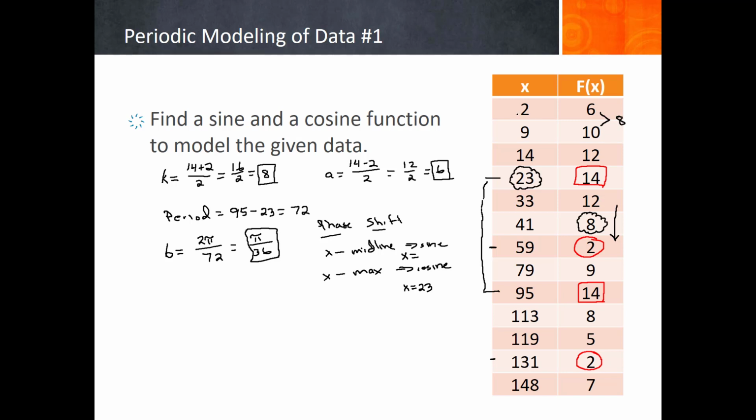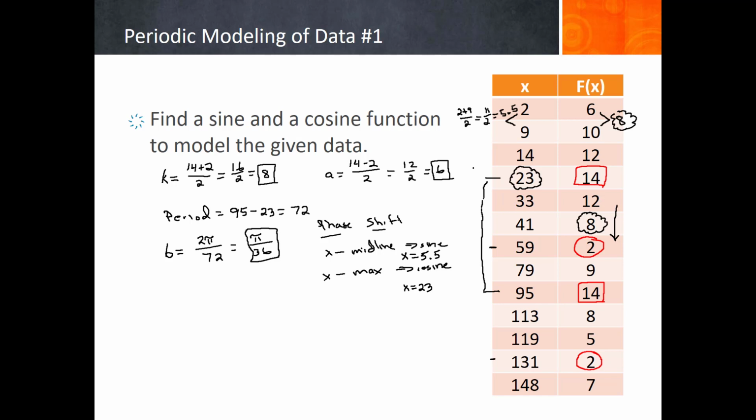So what would be right in the middle between 2 and 9? To find that out, we could just do their average. So 2 plus 9 over 2 would be 11 over 2, or as a decimal, 5.5. Okay, so again, it's a little weird because that 8 we are looking for was not actually in the table, but it's technically there if you think of this as a continuous curve. So the x coordinate we're going to use is that 5.5.